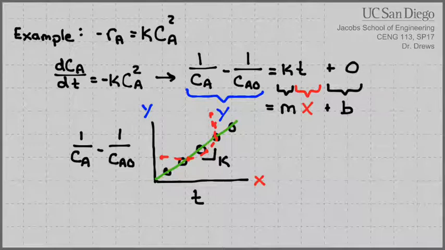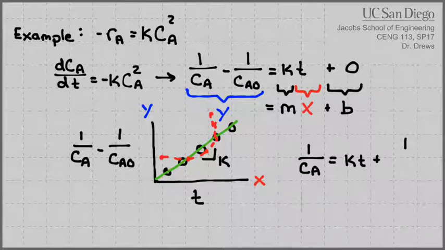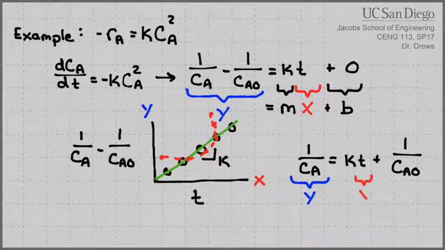An alternate way to do this exact same one that you will see used semi-often is 1 over C_A is equal to kt plus 1 over C_A0. But this one still looks similar in the sense that we've got a y over here, an x here, and an m here.